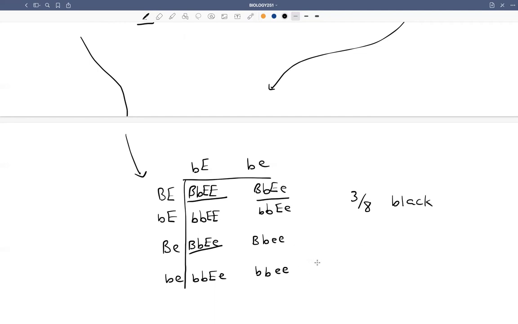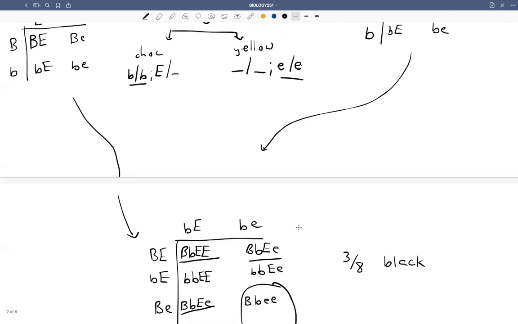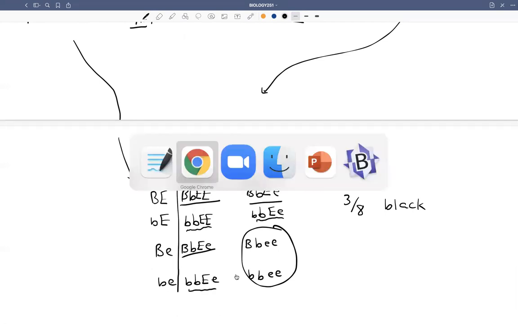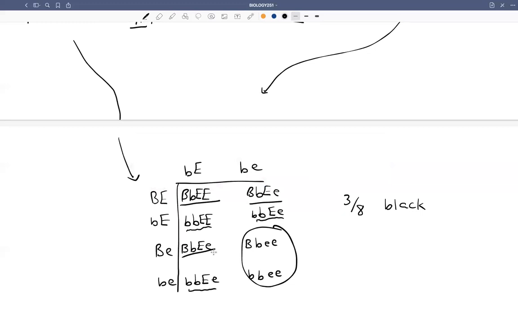If you wanted to figure out the rest of this, we've got 2 here with the little e, that's our yellow lab, and then 3 with at least one big E and homozygous recessive little b. That would be 3/8 chocolate lab. So 3/8 black lab, 3/8 chocolate lab, 2/8 yellow lab.